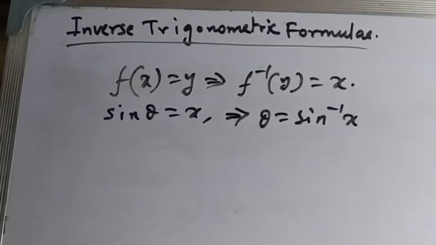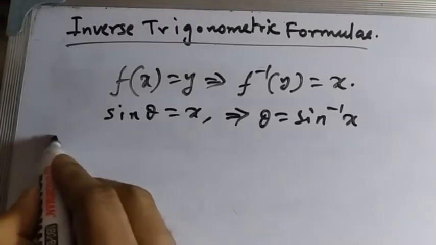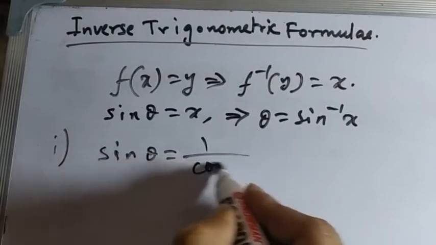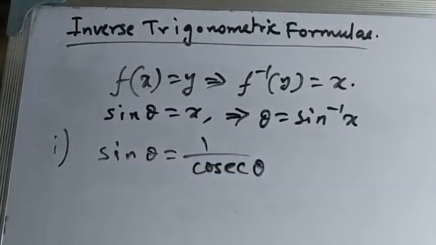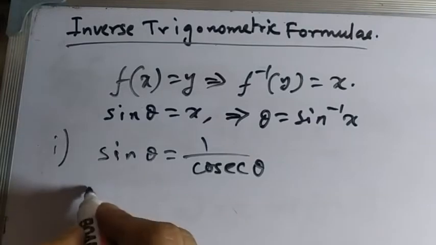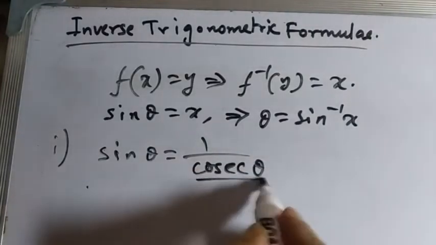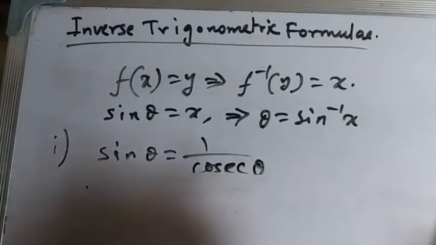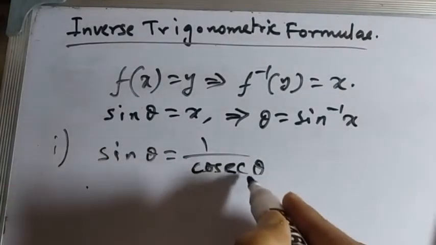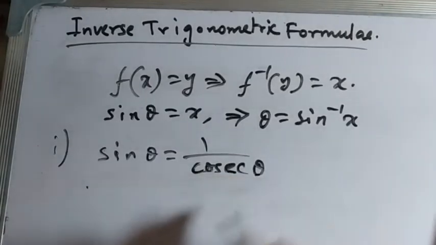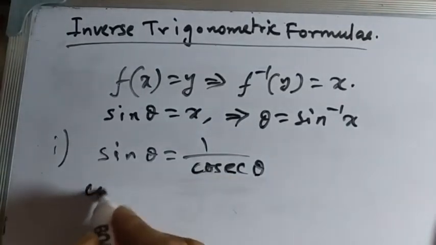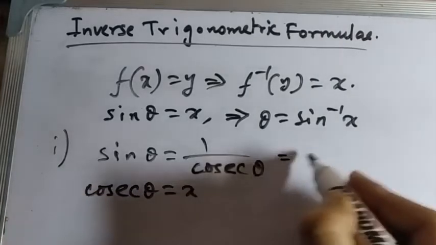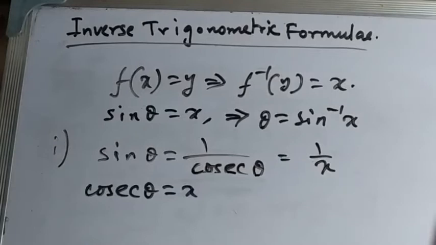For the first one, the first basic trigonometrical property is that sine theta is equal to 1 by cosec theta. Now from that, if we take cosec theta as x, then from here we can say sin theta is 1 by x.